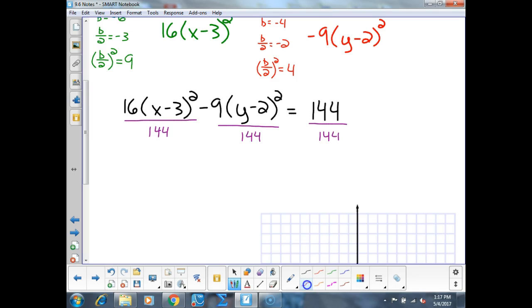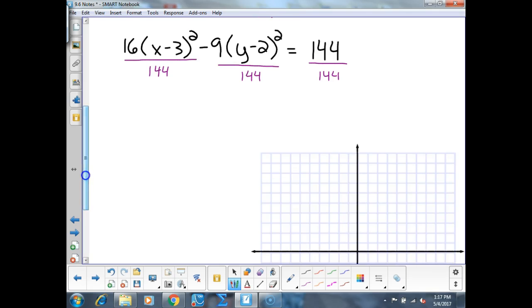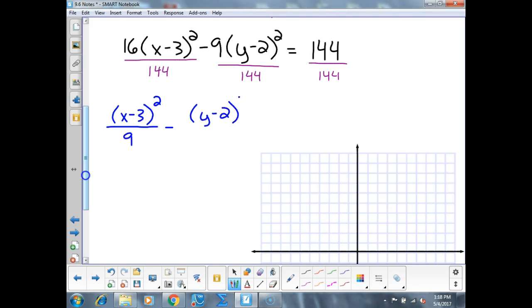So my equation now becomes x minus 3 quantity squared divided by 9 minus y minus 2 quantity squared divided by 16 equals 1.